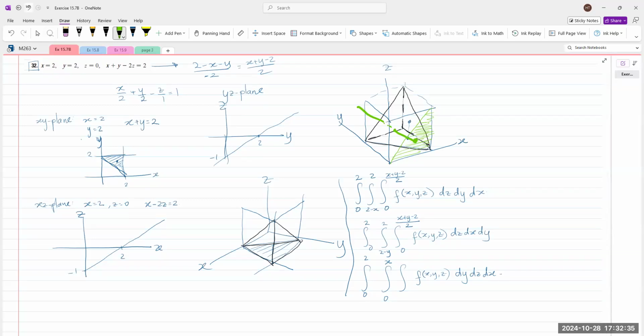I hope you can imagine that. So I need to solve for y here.